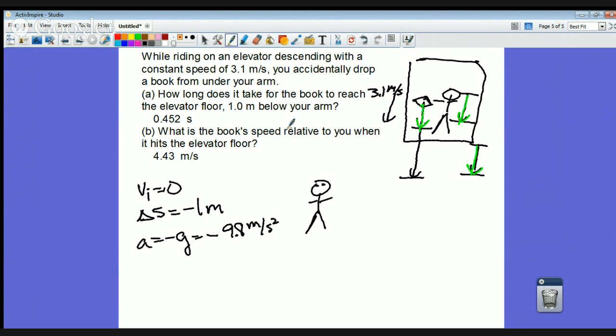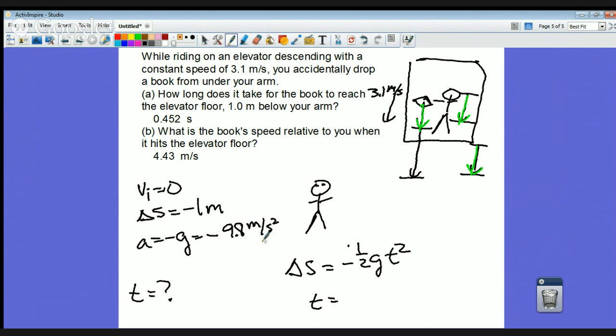And then you're looking for the time. So delta S is equal to VIT, but that's 0, plus 1/2 AT squared. So that's going to be -1/2 GT squared.